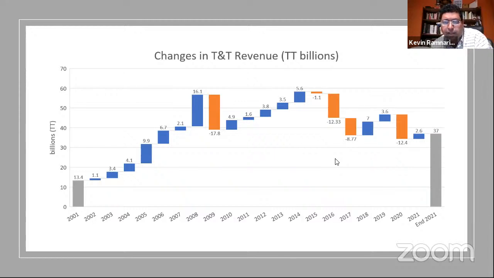And you could see that the last 6 years, Trinidad and Tobago really has been coming down. So we've gone from a peak of revenue collection in 2014 of $58 billion. We've come down to collecting around $37 billion in 2021. So we've lost about $21 billion there in revenue collection.